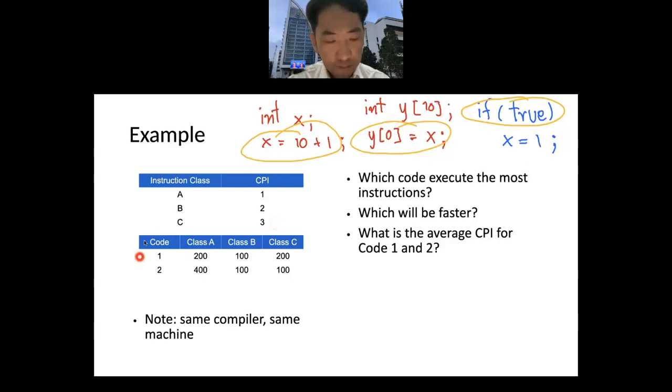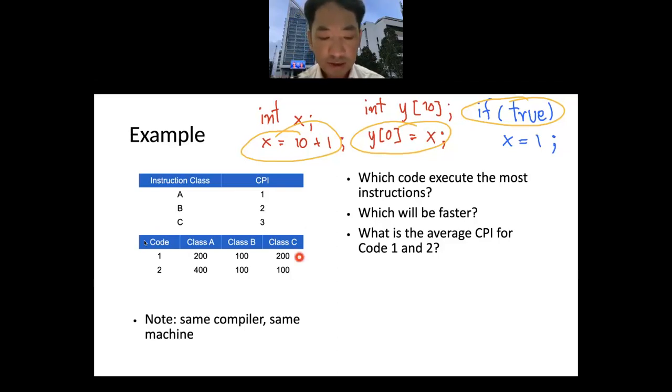In the table here, we have code number 1 and code number 2. As you may know, if you write a program and another person also writes a program that does the same thing, you and the other person can have different numbers of instructions.